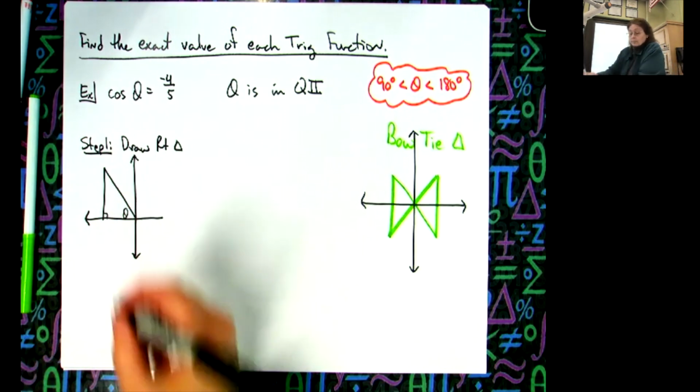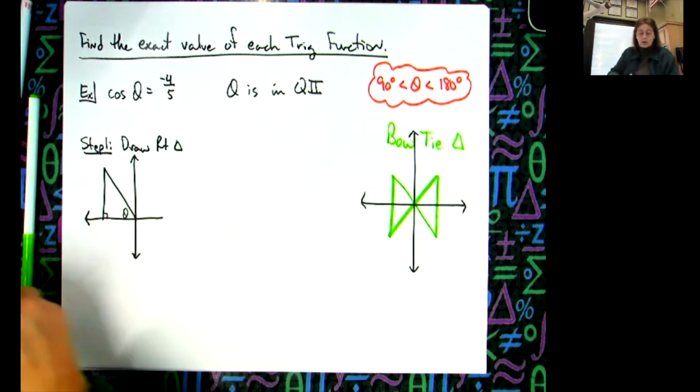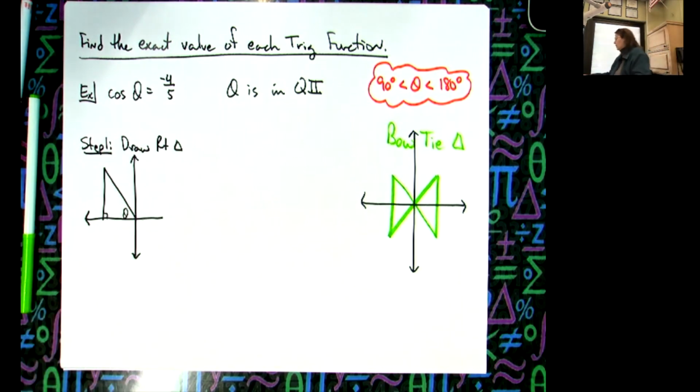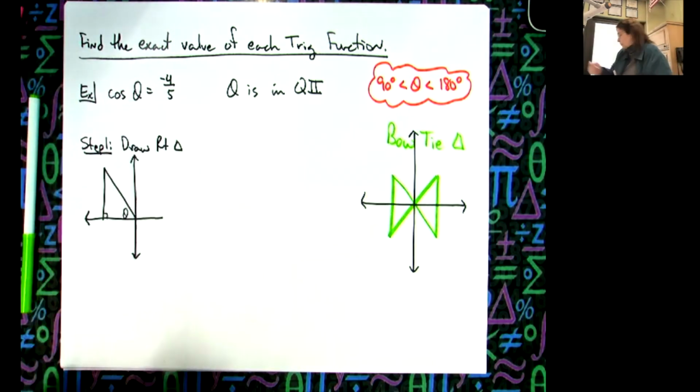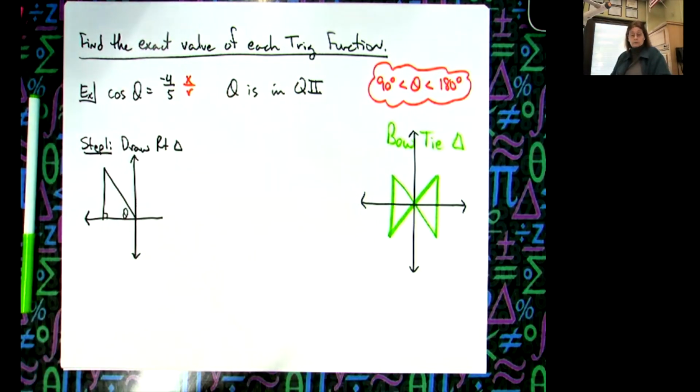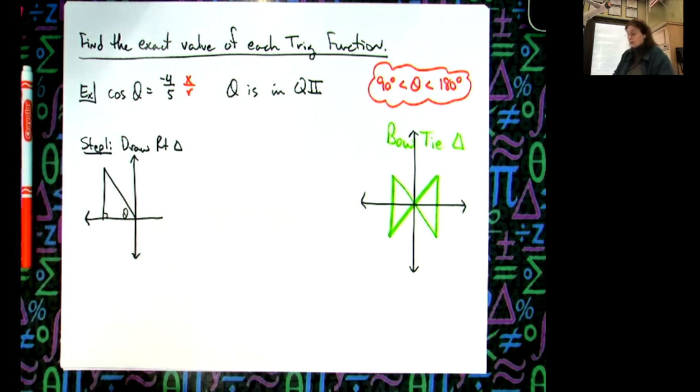Now let's stop and think about this. Cosine, write this down. Cosine is going to be x over r, right? Almost forgot what my definition was. Cosine from our not unit circle here.